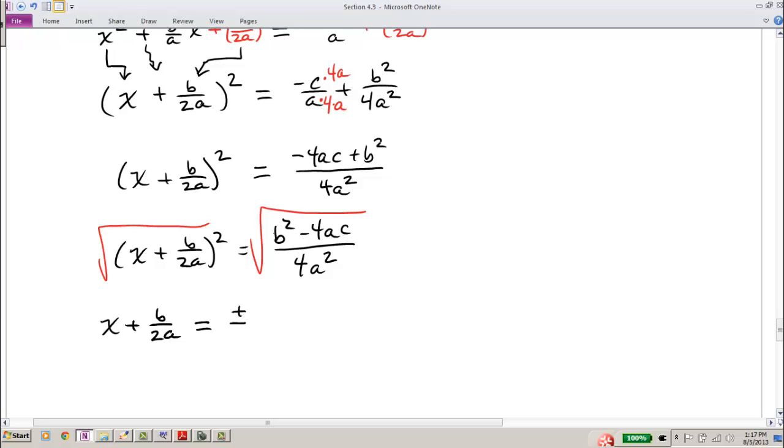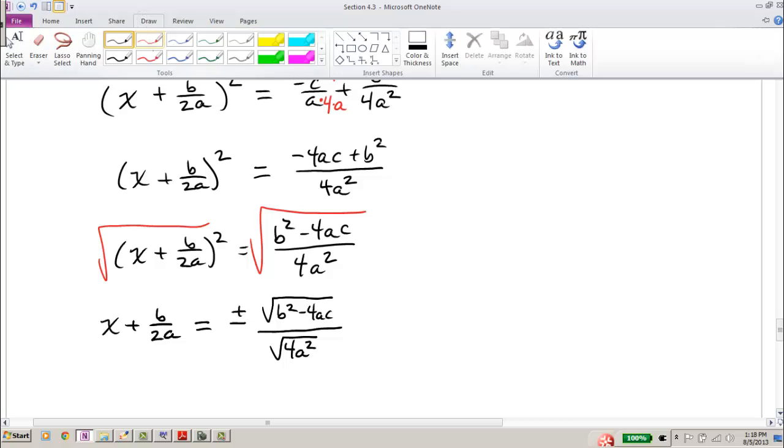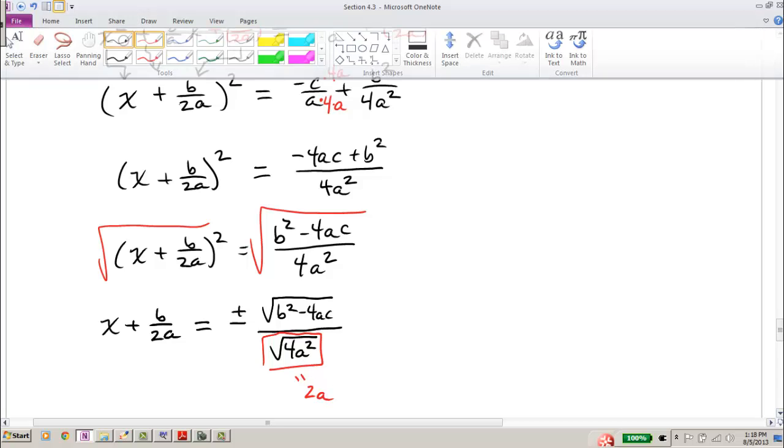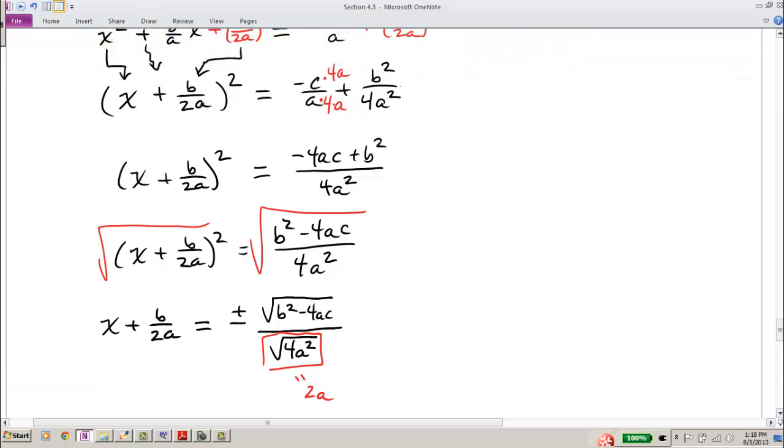We have this fraction inside the radical, and we can split up a radical over division. Which is fairly convenient for us because the square root of 4a squared is equal to 2a. And so now we can actually go a little bit further.